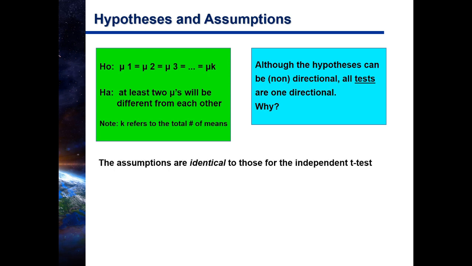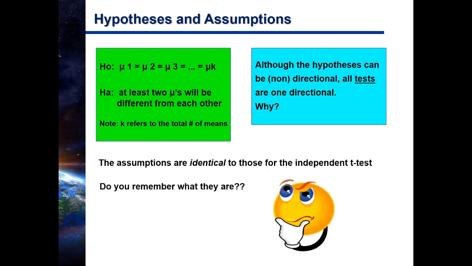What about the assumptions? They are identical to what they were for the independent t-test. So now, you remember what those assumptions are. Well, do you remember the mnemonic? I showed you a piece of fruit, right? Which fruit was it cut in half? It was an apple core, right?